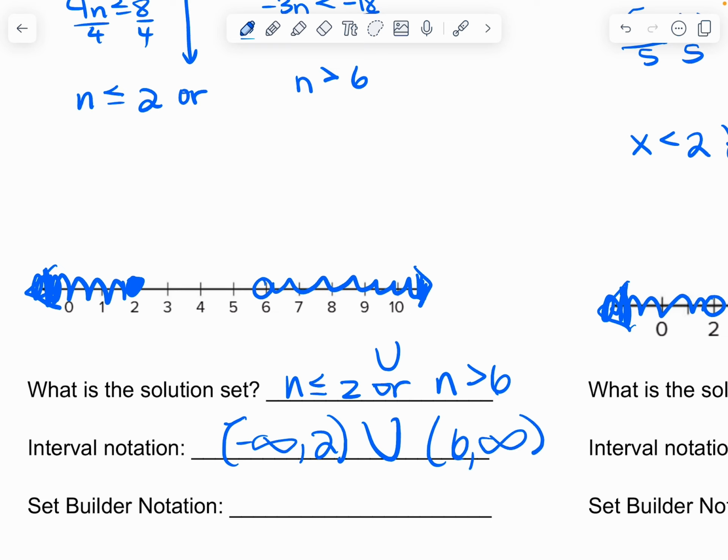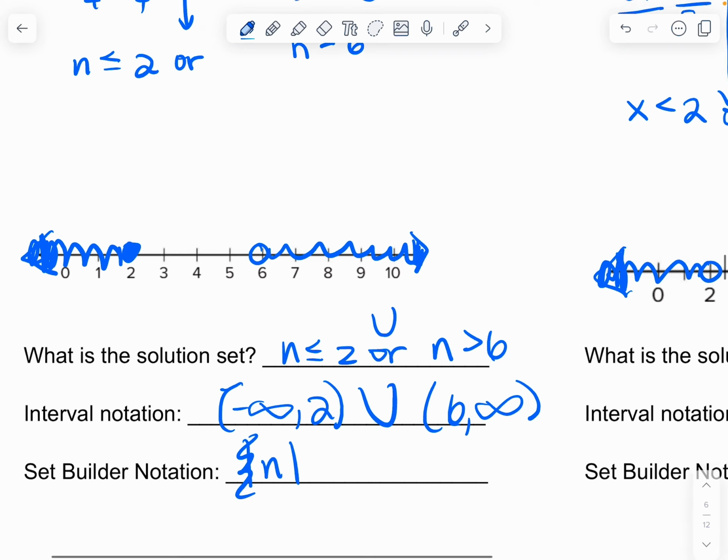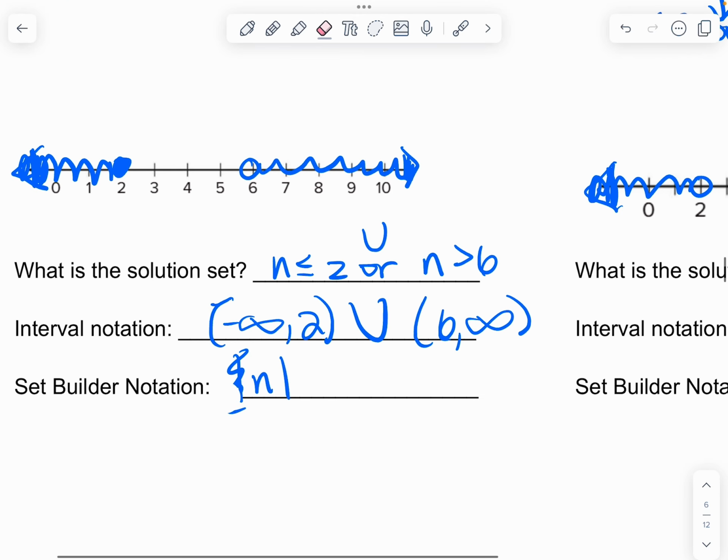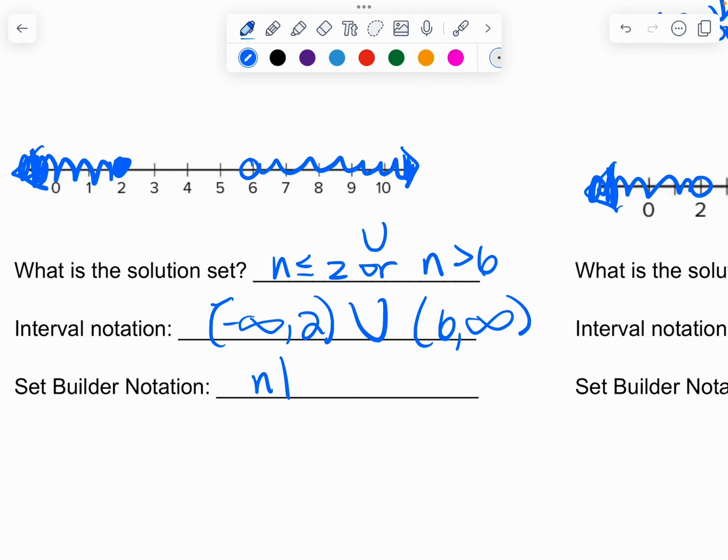Set builder, n such that, let me erase that because that was ridiculous. n such that n is less than or equal to 2, union n is greater than 6, or the word or.